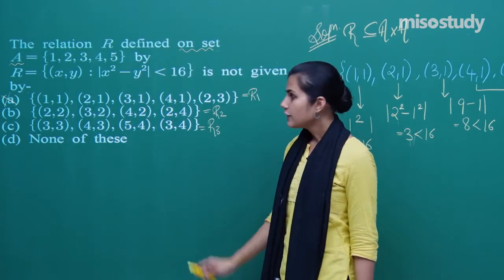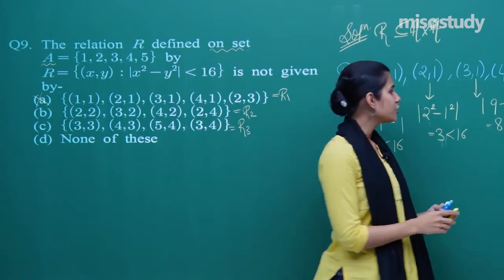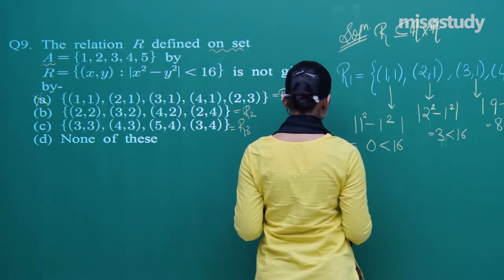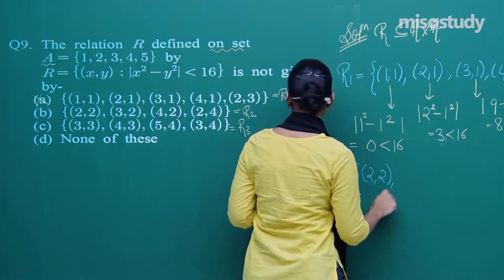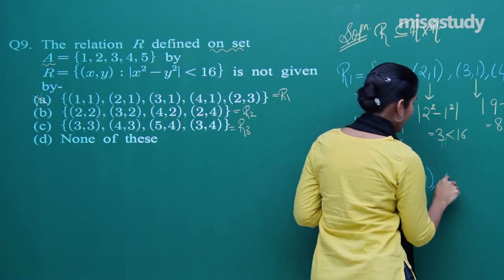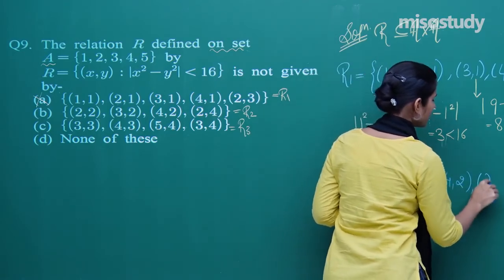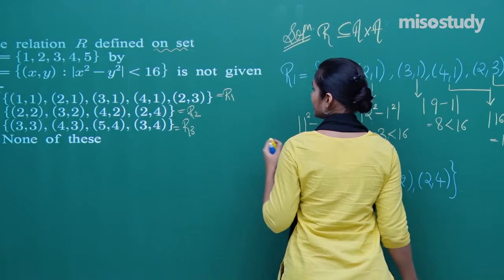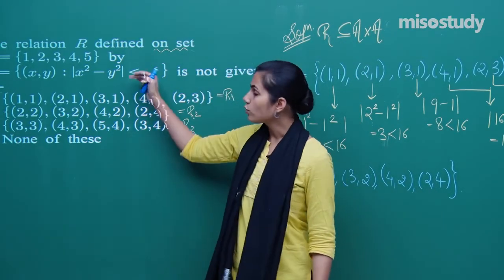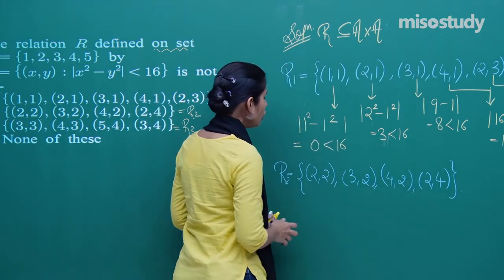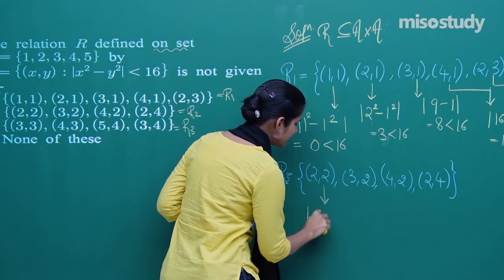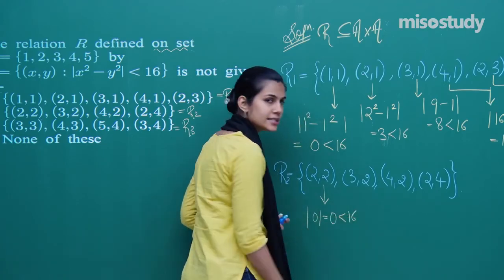Moving to R2, if you carefully observe, what is R2 given to you? R2 has (2,2), (3,2), (4,2) and (2,4). That is what is given in R2. Do all the ordered pairs sitting inside R2 follow the rule or not? Well, if you look at this ordered pair, 2 square minus 2 square is 0, which is strictly less than 16.